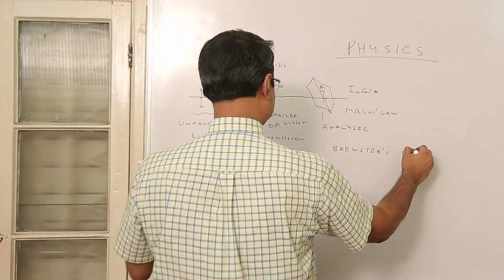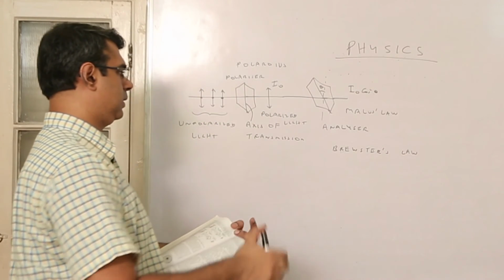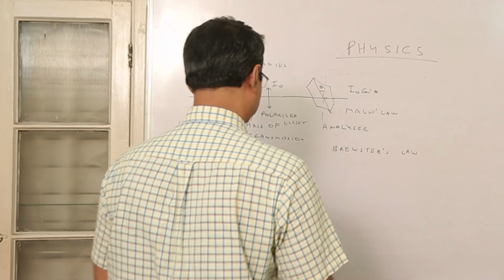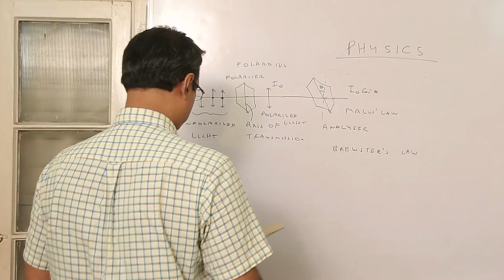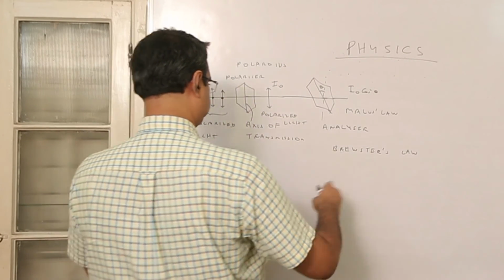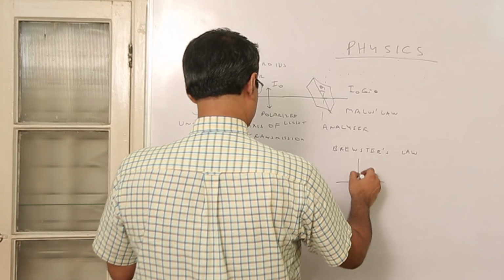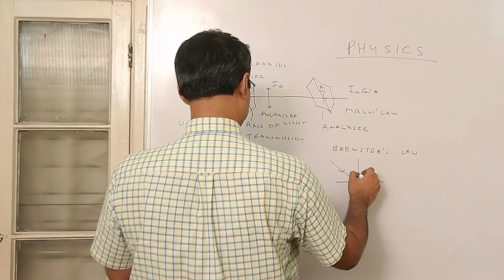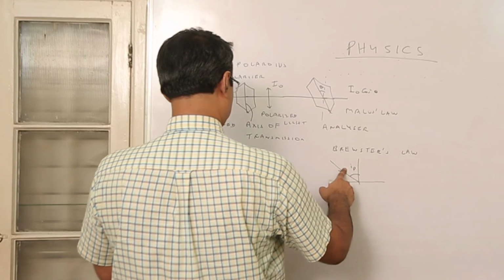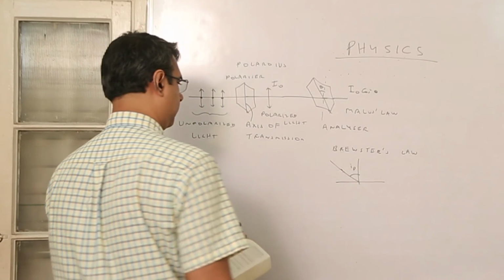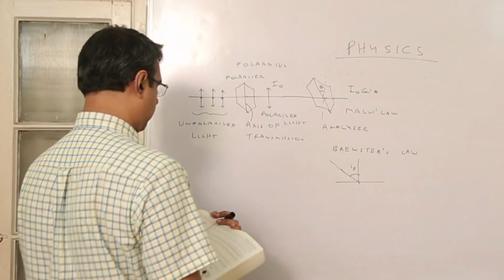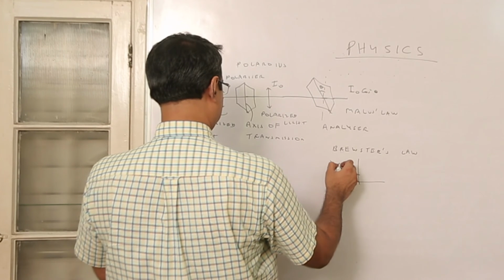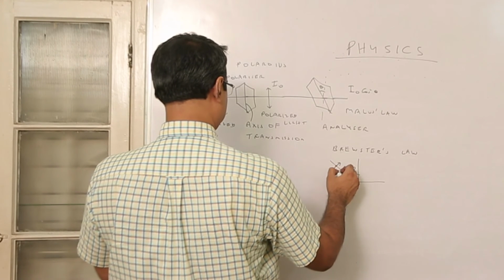Now we come to the second important law of this chapter. This is known as Brewster's law. Now, according to Brewster, suppose this is the incident ray. We are talking about refraction. Suppose this is the incident ray, and the incident ray is unpolarized light.